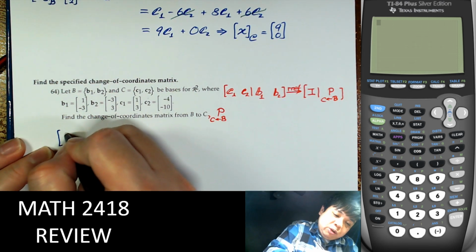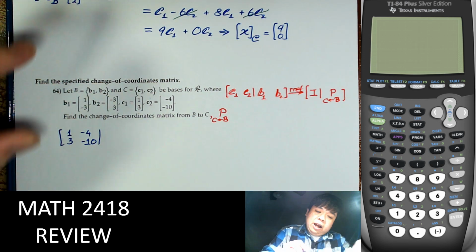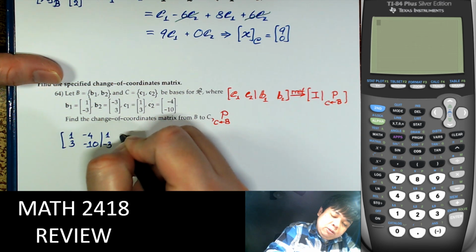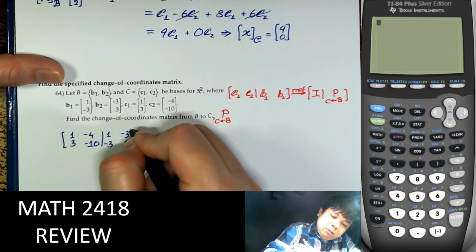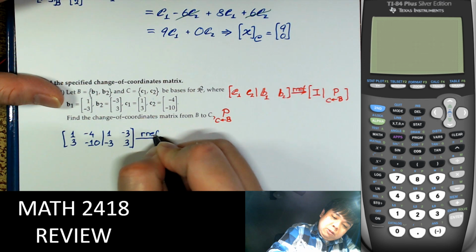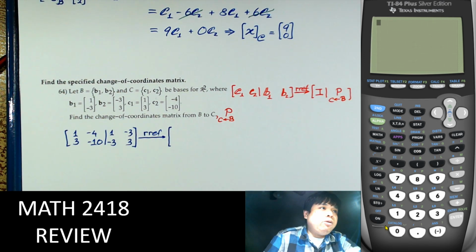C1, C2, 1, 3, -4, -10, and B1, B2. Right, just do the reduced row echelon form here.